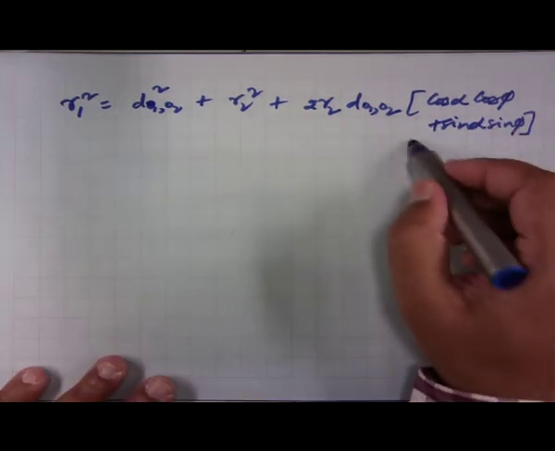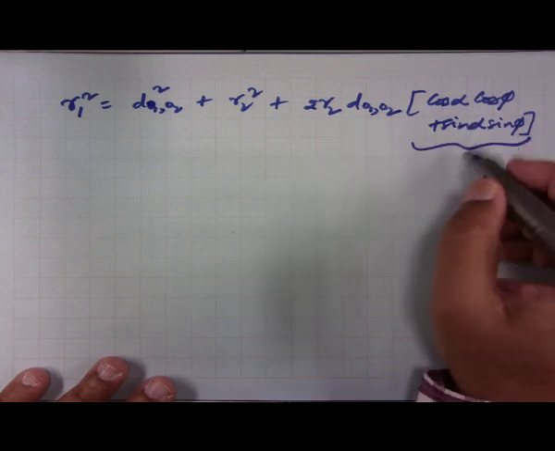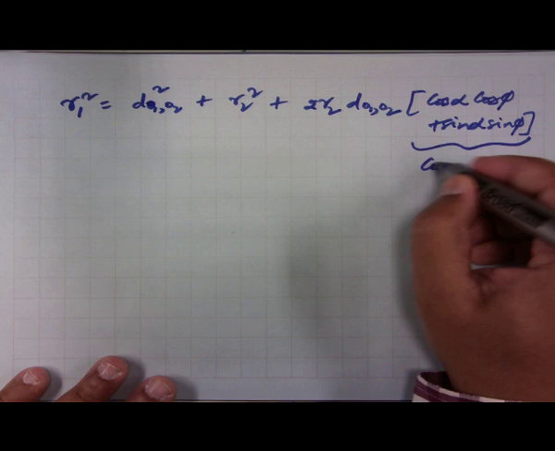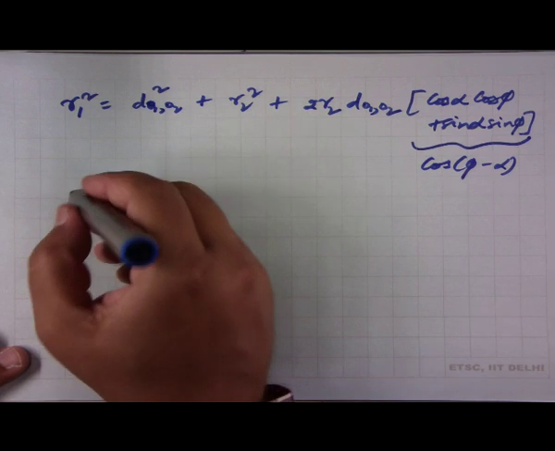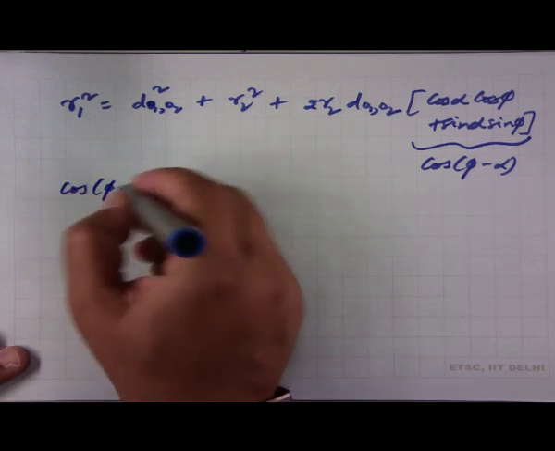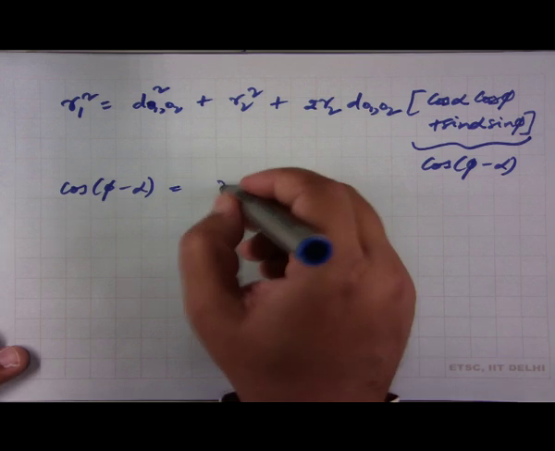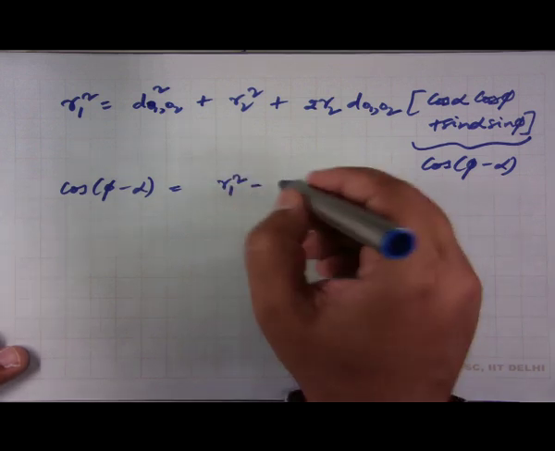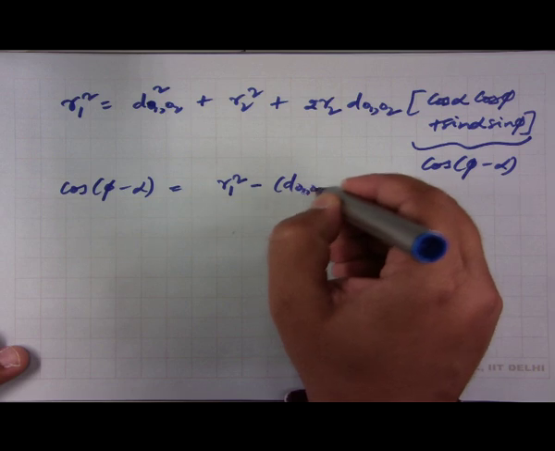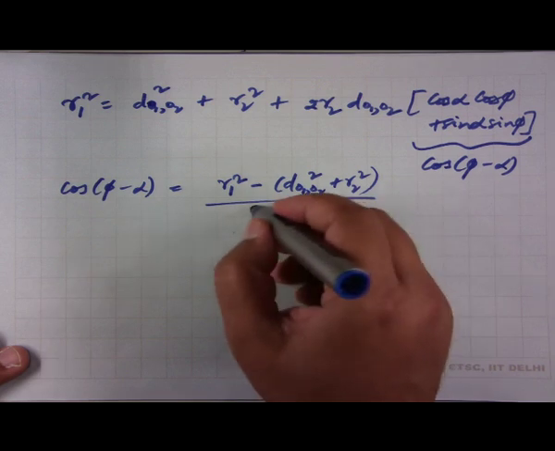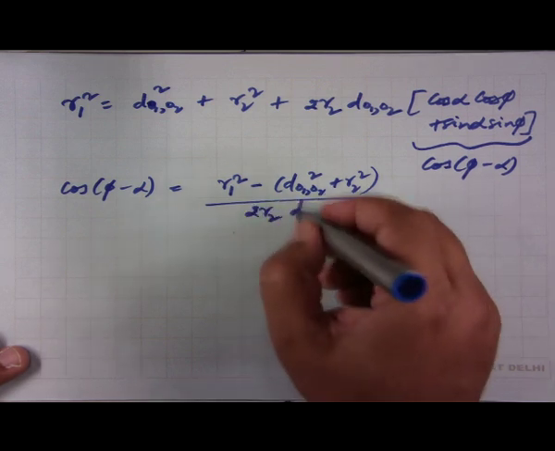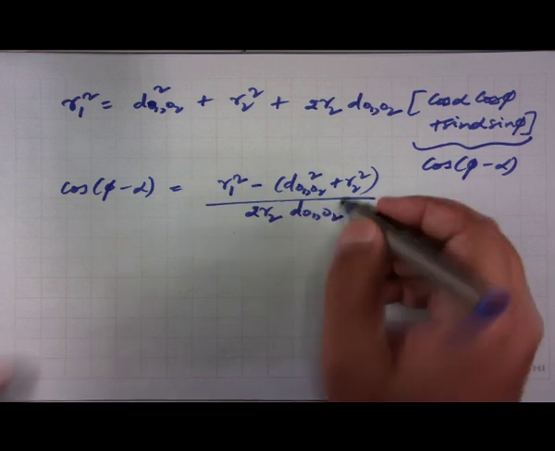Using the cos A cos B plus sin A sin B formula, this is equal to cos of phi minus alpha, and therefore from here we get that cos of phi minus alpha equals r1 square minus d O1 O2 whole square plus r2 square, over 2 r2 d O1 O2.